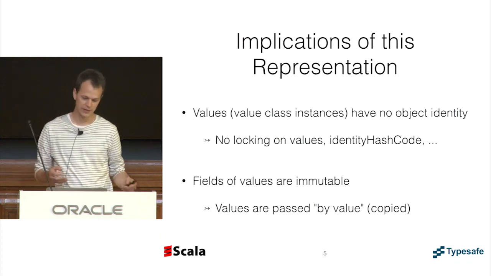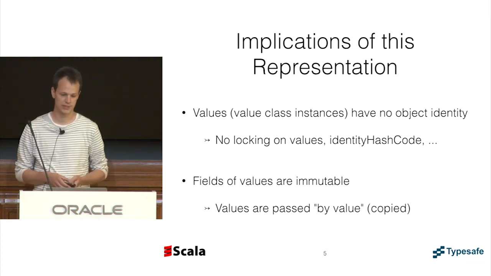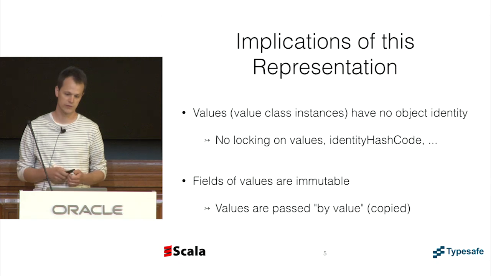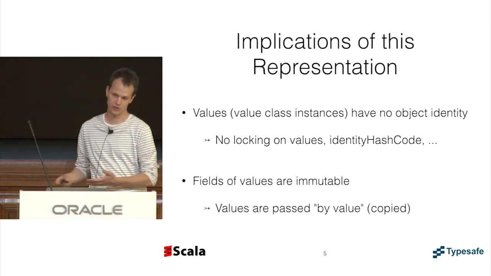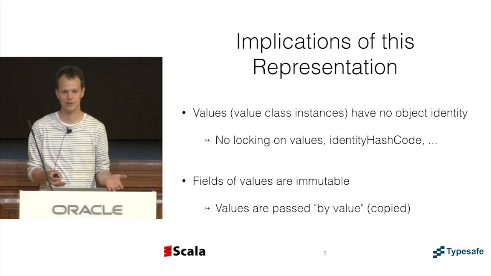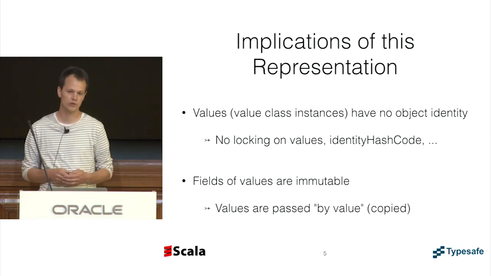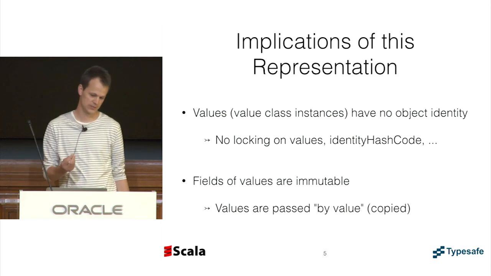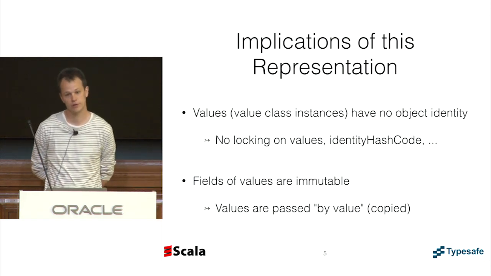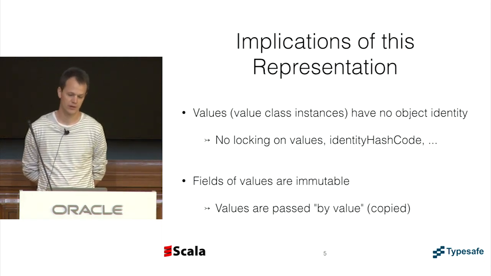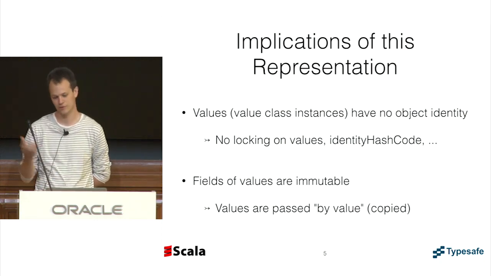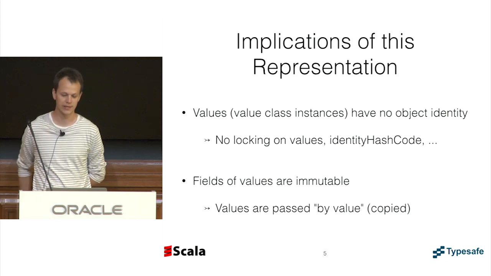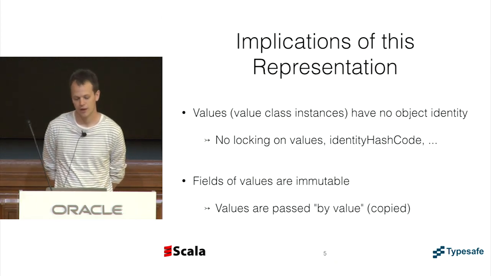So what are the implications of that representation? The main thing is that on the JVM, the object identity is linked to having an object. So if you represent values simply as their fields, you lose the ability to have this object identity. And there are certain things that you cannot do anymore. Most notably, you cannot synchronize on values, and you lose some stuff like the identity hashcode method and things like that.